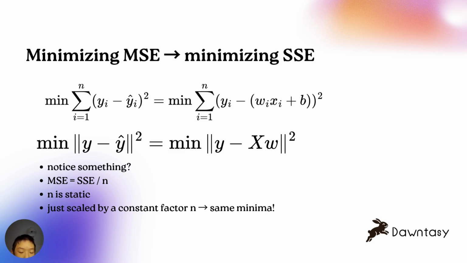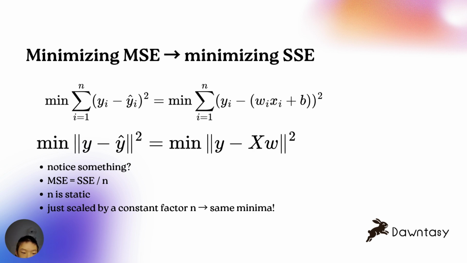But it turns out minimizing MSE is the same as minimizing SSE. If you've noticed, MSE is just the sum of squared errors scaled by n. So it's just that sum divided by the number of data points n. And this time n is fixed, it's static. It could be 500, 5,000.